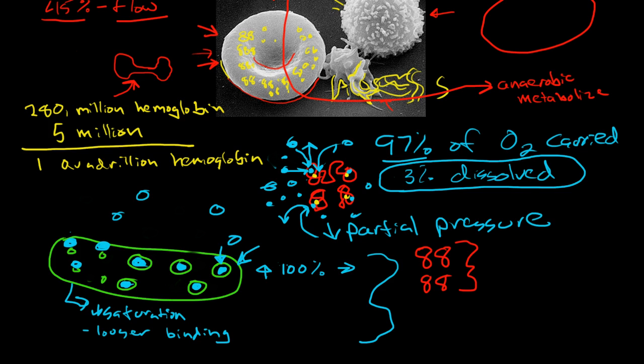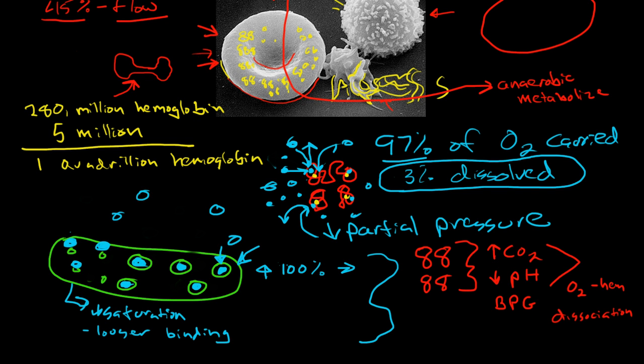And these things are increased carbon dioxide concentrations, decreased pH, and a chemical called BPG. And it is this aspect of hemoglobin that causes shifts in the oxygen hemoglobin dissociation curve. And we're going to talk about that more when we get to the pulmonary section.